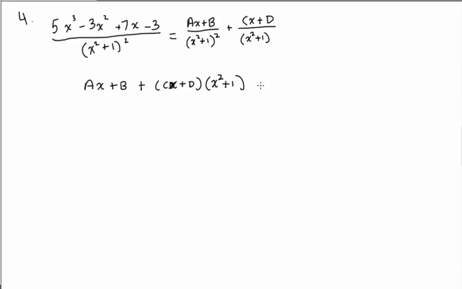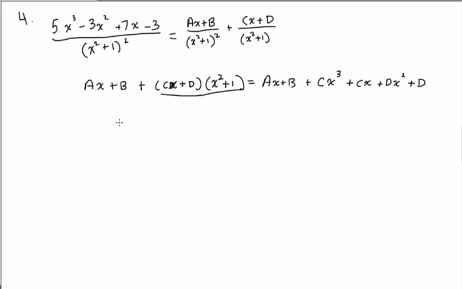And let's see what that's going to be. I'll expand it. So I have ax plus b, and then in the second part I have plus cx cubed. Again, I'm expanding this portion. Plus cx plus dx squared plus d.